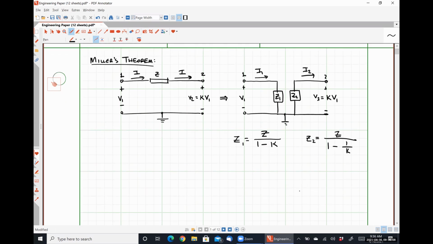For our original circuit, the only way that node 1 can tell that there is an impedance connected to it is by the amount of current that's being drawn away from node 1, right? If that impedance were not there, meaning there were an open circuit, there'd be no current.